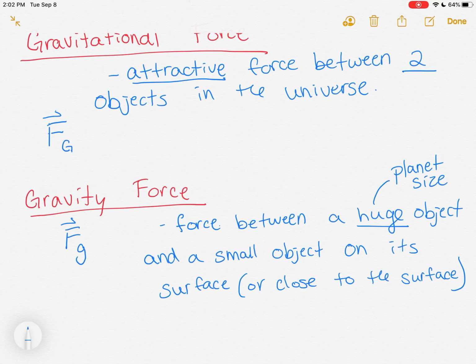So even an airplane would work here, because even though the airplane is not necessarily on the surface all the time, it is relatively close to the surface, okay? Meaning that it's still within reasonable distance from the Earth. It's not really outside of the Earth's atmosphere. We're still in the atmosphere when we're flying in an airplane. And so we're gonna be dealing with gravity force there.